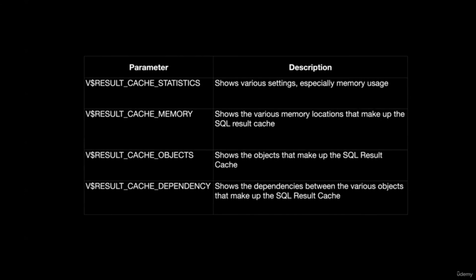There are several data dictionary views that show SQL result cache statistics. The SQL result cache allows you to cache the results of queries that access a large amount of data. When the main table changes, the cache is automatically invalidated without your intervention or writing any additional code.